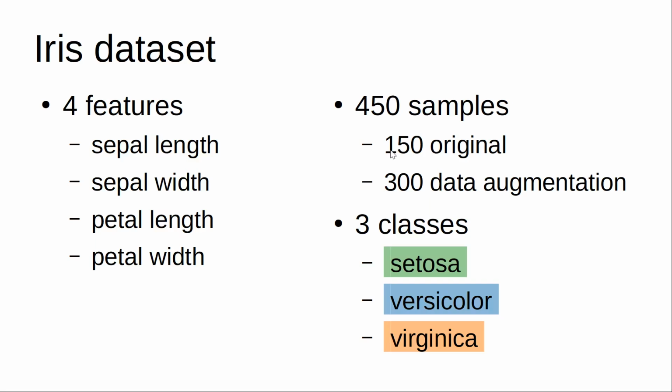So it is composed of the original samples, and I also created, using noise, 300 more in order to have more samples to make the problem easier to visualize in the graphs that I'm going to show later. This is the only reason for which I created these extra samples.